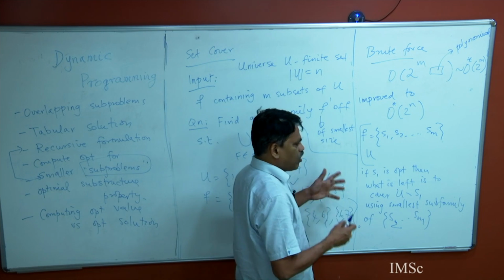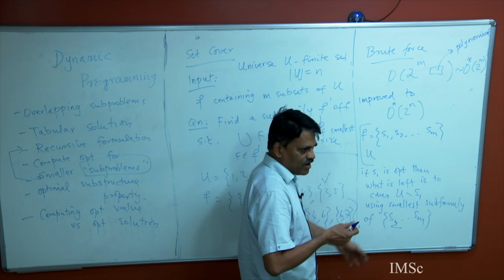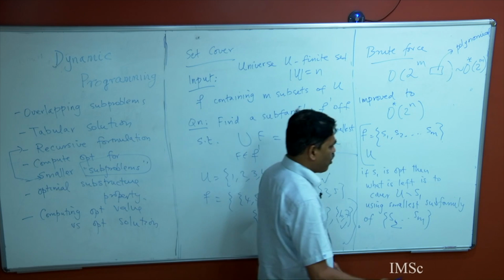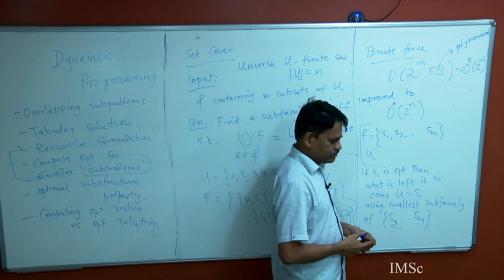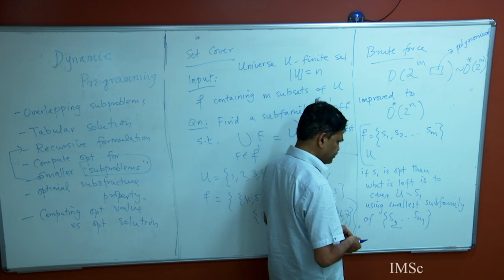And if this is the optimal substructure property, this needs an argument, a cut and paste argument. If not, take S1 and whatever you collected, that will give you a smaller family.